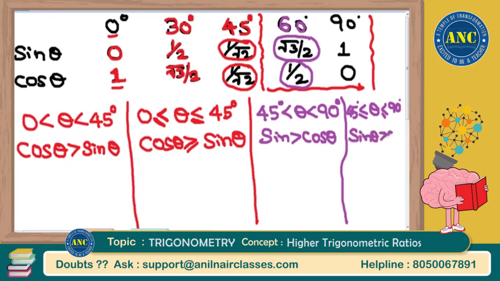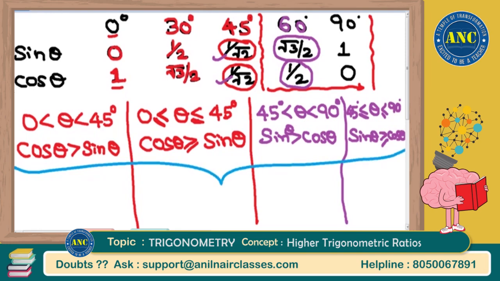But when it becomes equal to 45, sin and cos are both the same. Sin theta will be greater than or equal to cos theta. These four usages, we will definitely make use of while solving our problems.